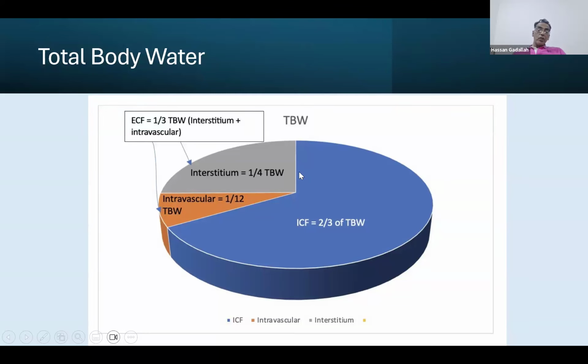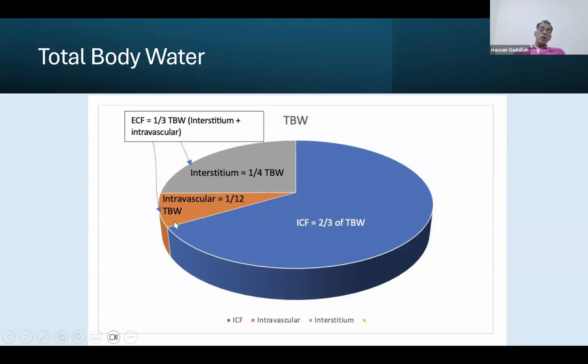The 2 compartments of the extracellular fluid are freely exchangeable. So whatever water and solutes here are exchangeable. I mean small solutes, not large solutes, are exchangeable between the intravascular and interstitial compartments through the capillary pores.